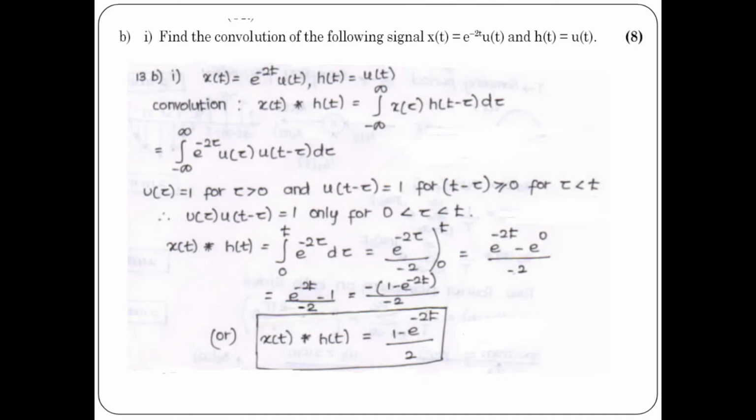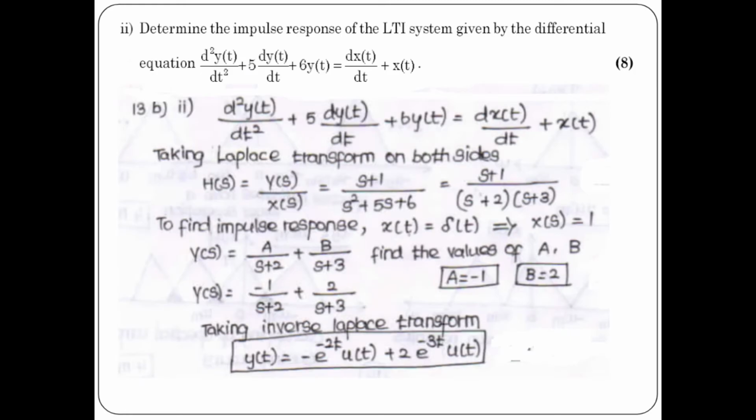After integration, by substituting the upper limit t and lower limit 0, we get (e power minus 2t minus e power 0) divided by minus 2, which is (e power minus 2t minus 1) divided by minus 2. For more simplification, we take minus outside, so that the numerator becomes 1 minus e power minus 2t, divided by minus 2. Minus minus will get cancelled, so the final answer is (1 minus e power minus 2t) divided by 2.